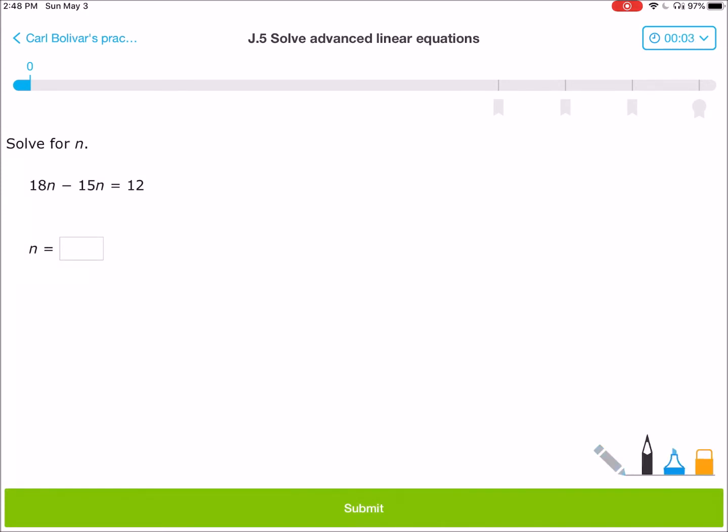Okay, so we have to solve for n here. First, write out the problem. 18n minus 15n is equal to 12. Since these have the same variable, they can simplify.